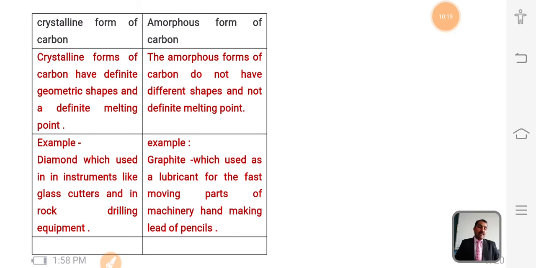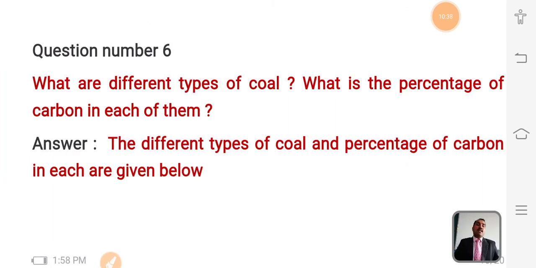Graphite is also used in making crucibles for melting metals due to its high melting point and good conductivity of heat and electricity. As we have discussed, graphite has free electrons, so it is a good conductor of heat and electricity.